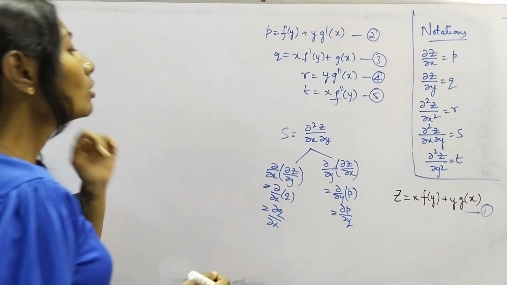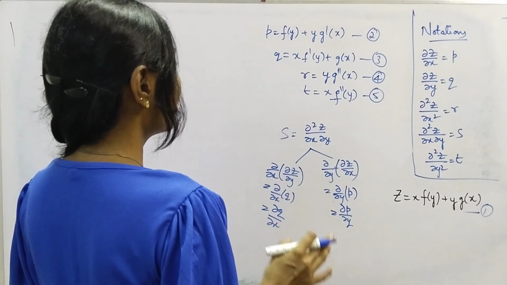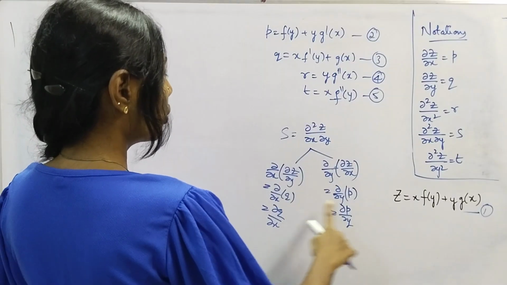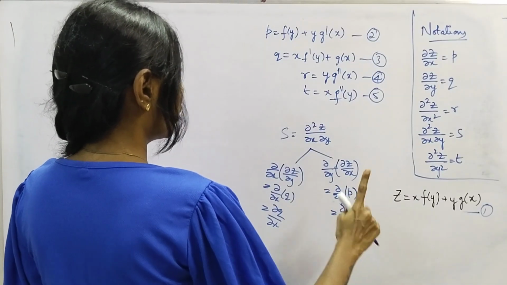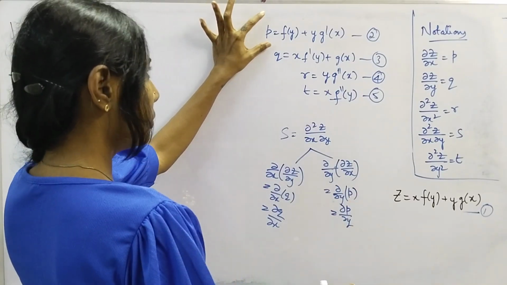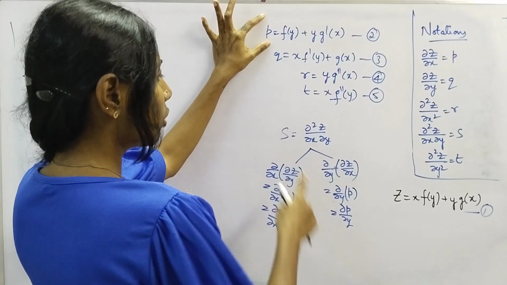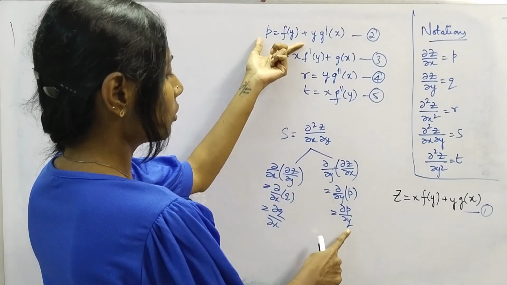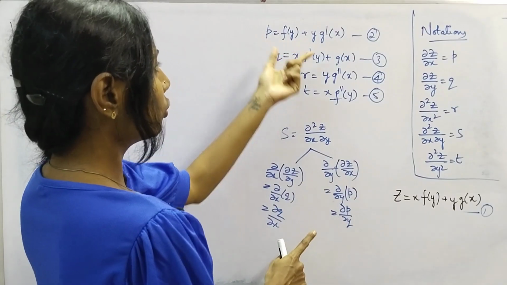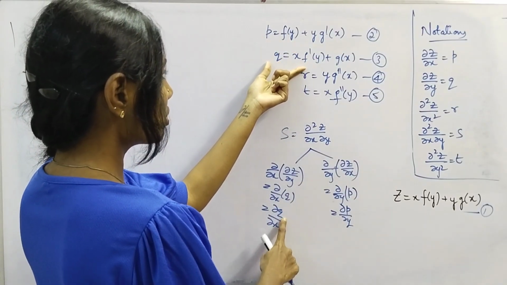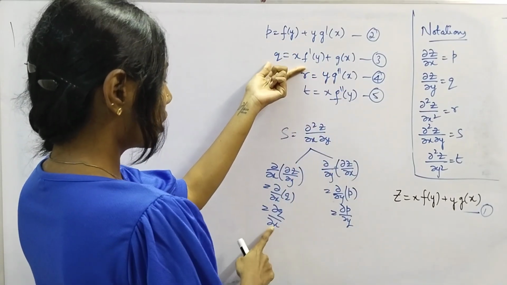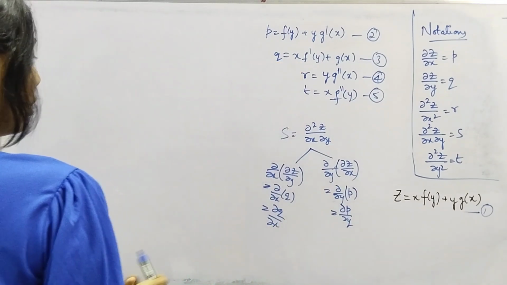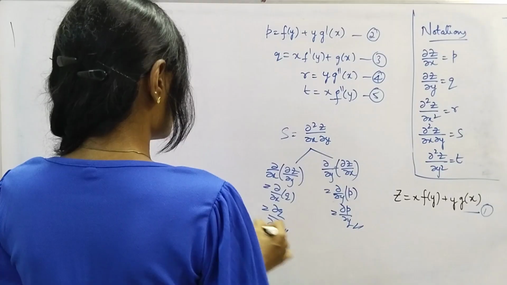So if you want to find the equation involving s, you can pick the equation involving q or the equation involving p. If you want to pick the equation involving p, you can just partially differentiate it with respect to y, or if you want to use the equation involving q, you can just partially differentiate this equation with respect to x. So we can go for this or this.